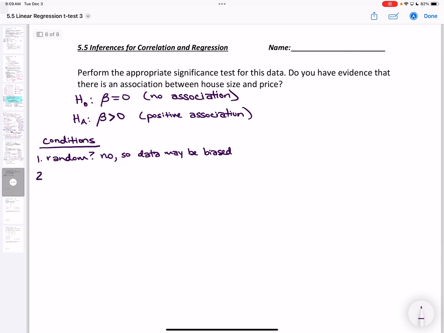linear. We already checked that, didn't we? Yes. Okay, and then the third one, the residual plot is scattered. Okay. So do you remember how to do that?